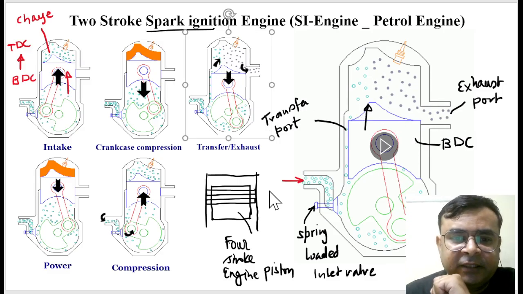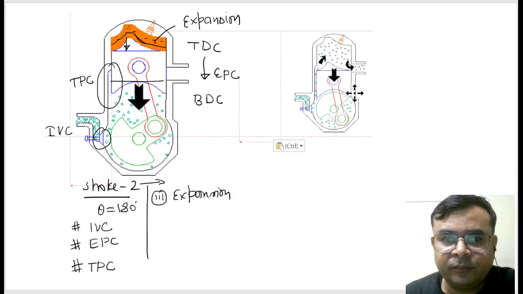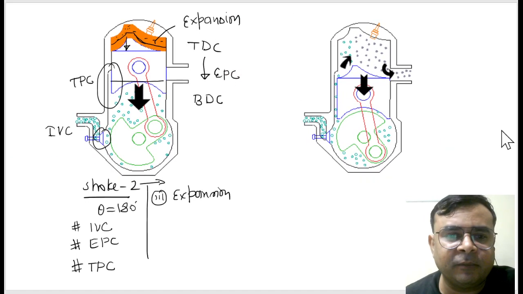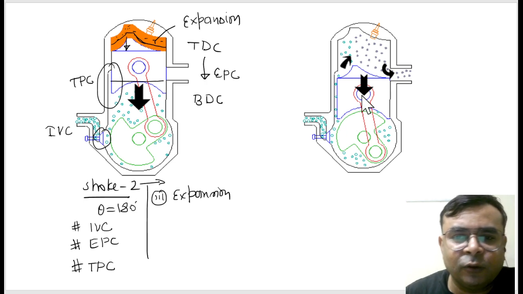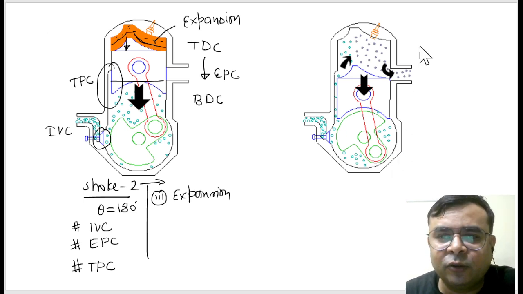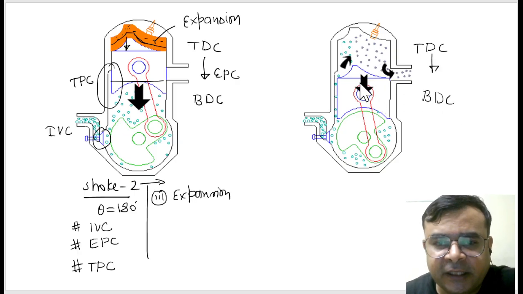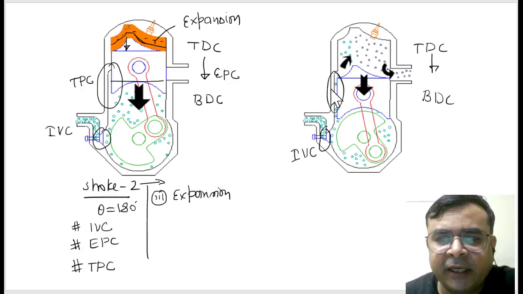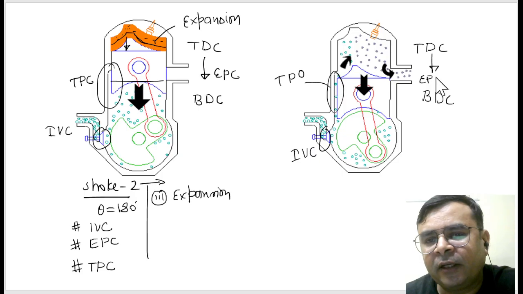So you can see this figure. Are you getting this? And this is stroke number 2. This process is already happening in stroke number 2 when the piston is moving from TDC to BDC. But when the piston reaches this location, then obviously the inlet valve is already closed, but the transfer port gets open, and this exhaust port also gets open.